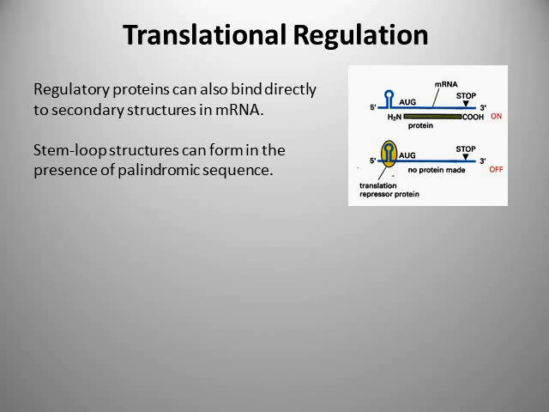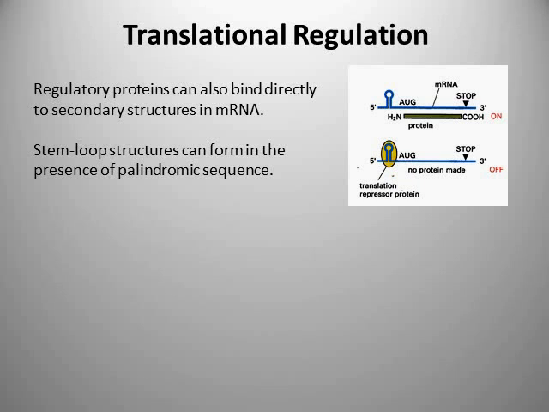So these stem loop structures, these regions of double-stranded RNA, can be used by the cell in order to modify translation efficiency. A simple example would be the presence of a stem loop in the 5' untranslated region of an mRNA that normally doesn't have an effect on protein production, but if this stem loop structure is bound by a specific repressor protein, then this switches off translational efficiency for the simple reason that ribosome initiation and ribosome binding can't occur.